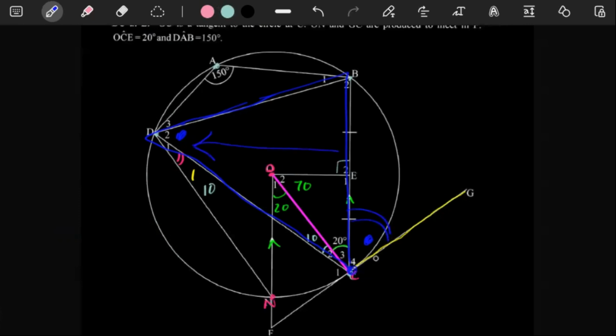It's because there's a chord and a tangent. They call it the tan-chord theorem because wherever your tangent and your chord meet, that angle is always going to be equal to the angle opposite your chord.